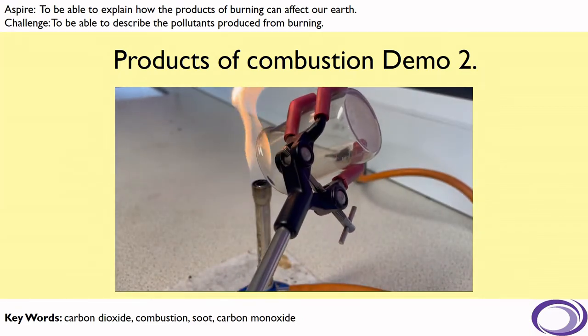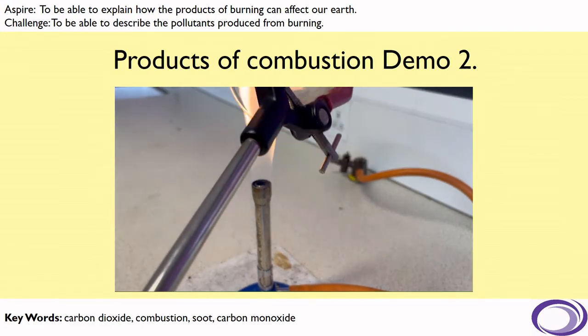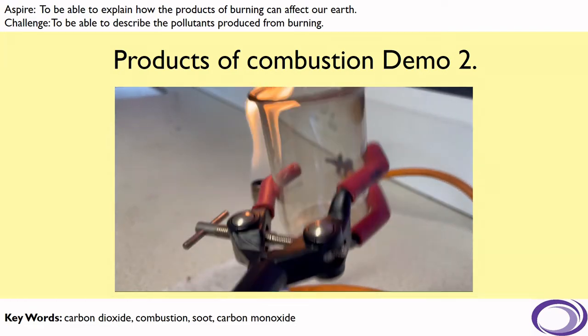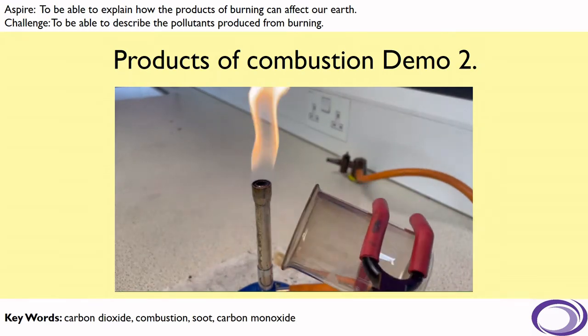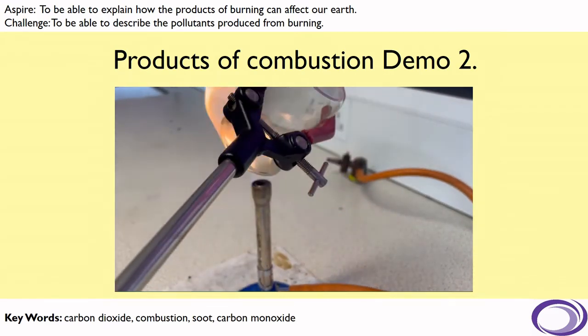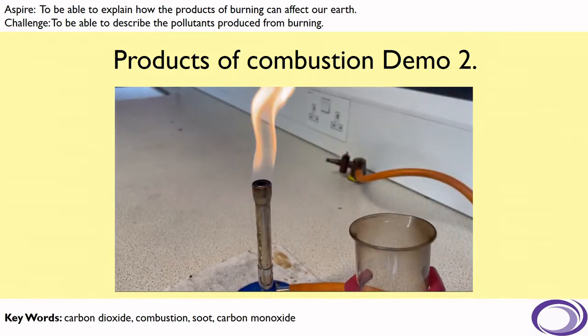Now that product is soot and it forms when there is not enough oxygen getting into my flame. So there I can see another product of combustion that is produced when there is not enough oxygen getting into that flame.